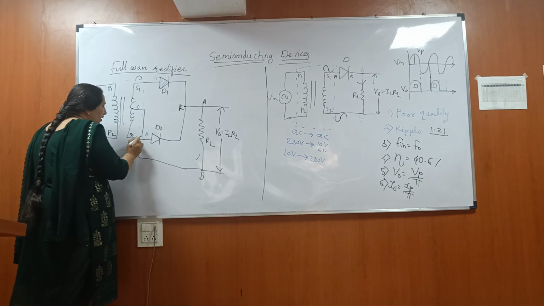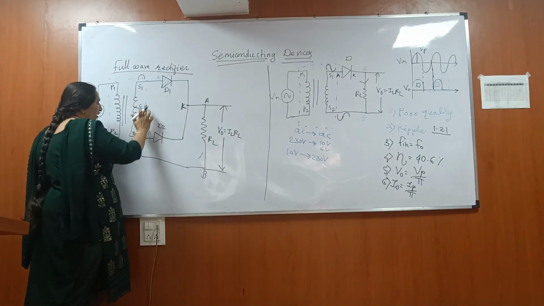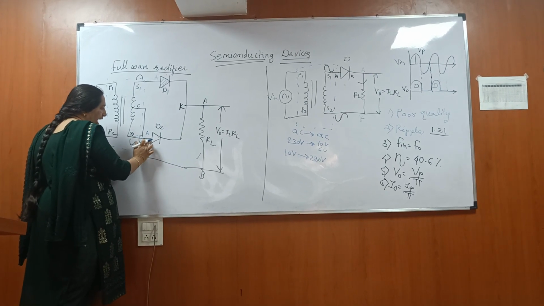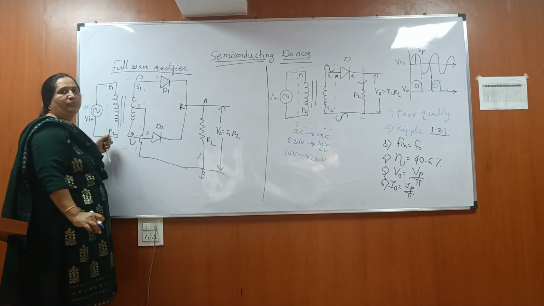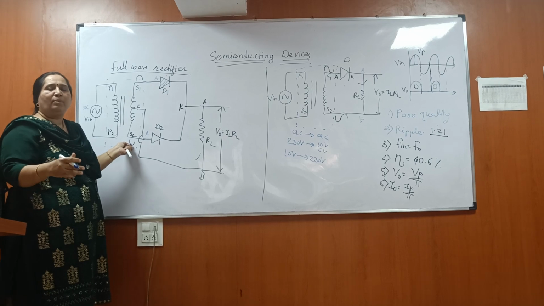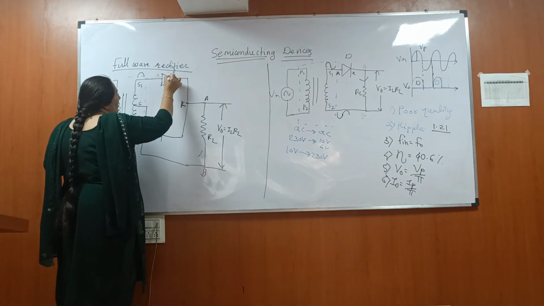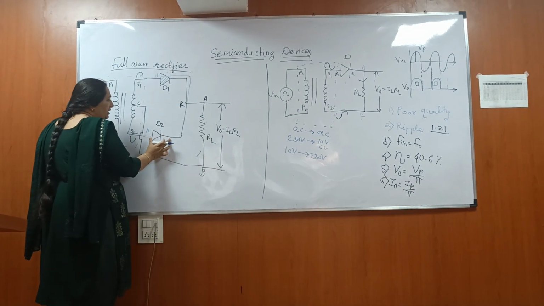This diode is in forward bias because positive is connected to the anode, and this other diode has negative connected to its anode, therefore it is in reverse bias. In forward bias the diode conducts. Therefore current flows from S1 to D1 to the common cathode K. Now this diode is in reverse bias.